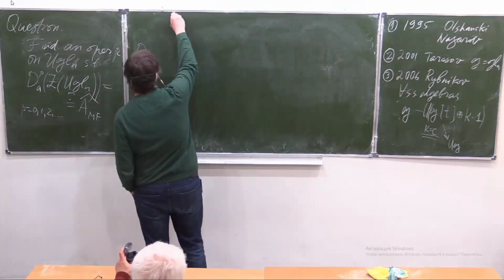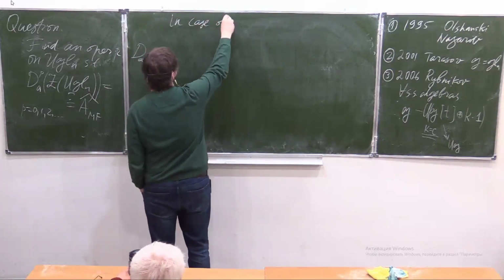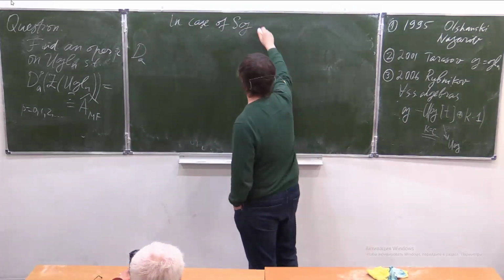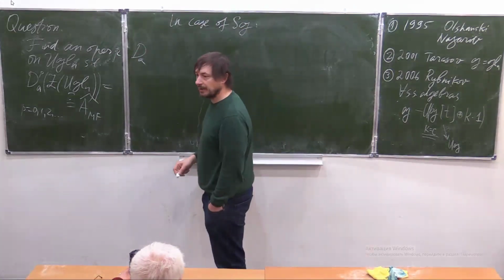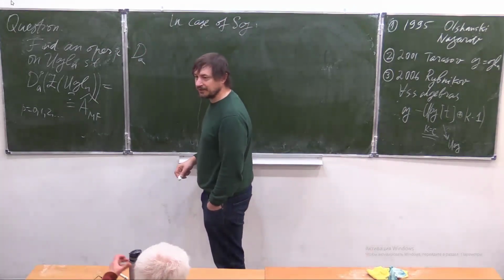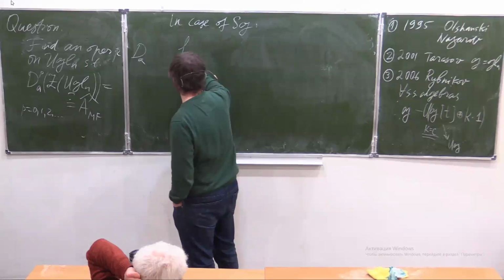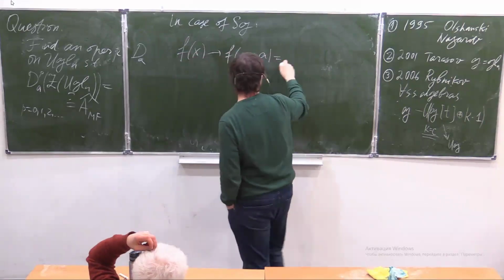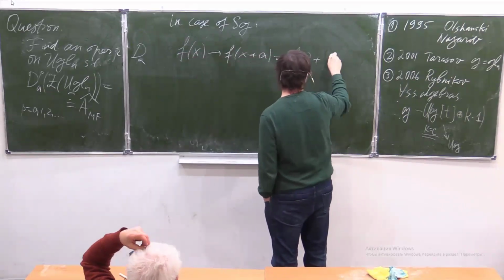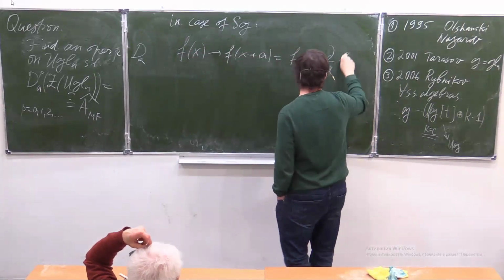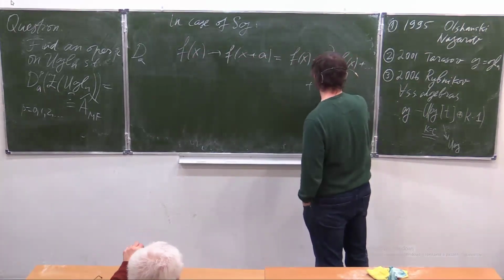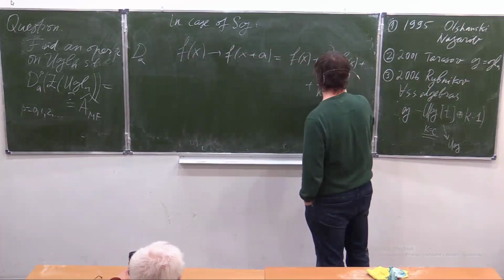So let me explain what I mean by giving the classical example. In the case of SG, what operator do you have? Just adding A. Yeah, adding A, but you can actually write it as a differentiation, because when you take F and go to F of x plus A, it will be equal to F of x plus d/dA F of x, and so on, plus 1 over k factorial d^k/dA^k F of x.